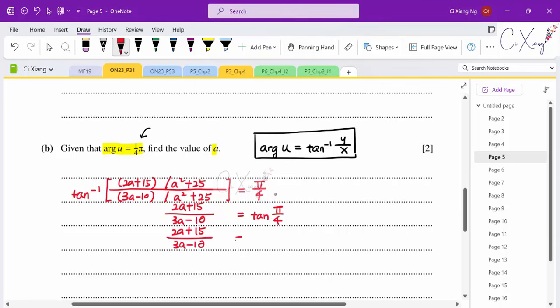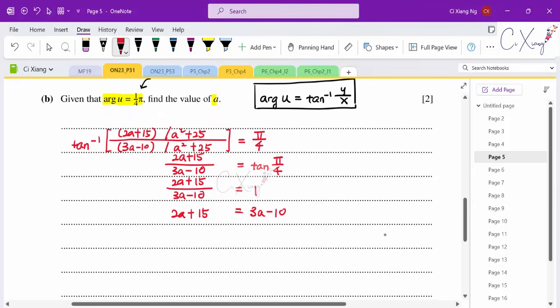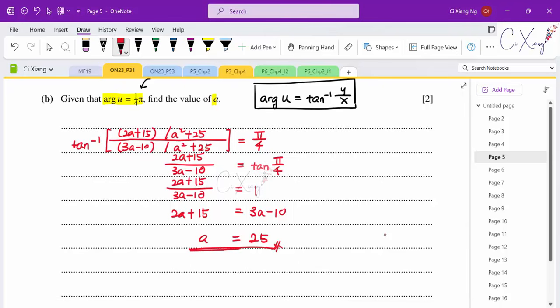Tangent pi over 4 is 1. So you have 2a plus 15 equals 3a minus 10. And if you solve it, you will get a equals 25. Okay, so this is how we get the answer for question number 4.